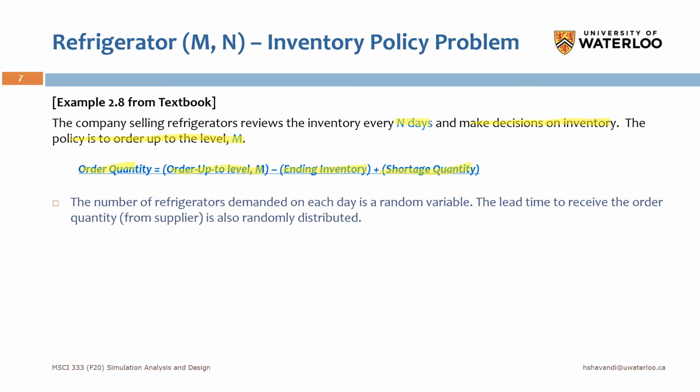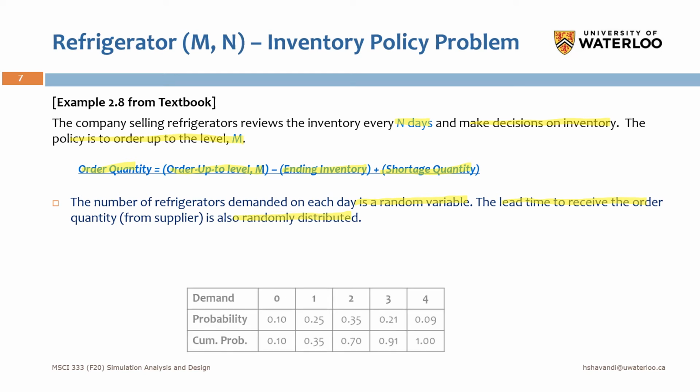Okay, so the number of refrigerators demanded each day is a random variable. So the demand for refrigerators each day is a random variable, and the lead time to receive the order quantity from the supplier is a random variable as well. Okay, so this is for demand.